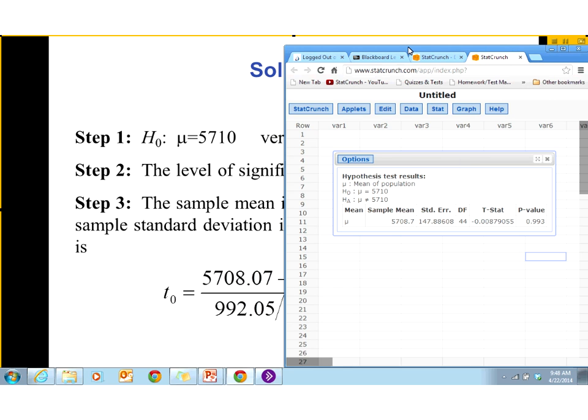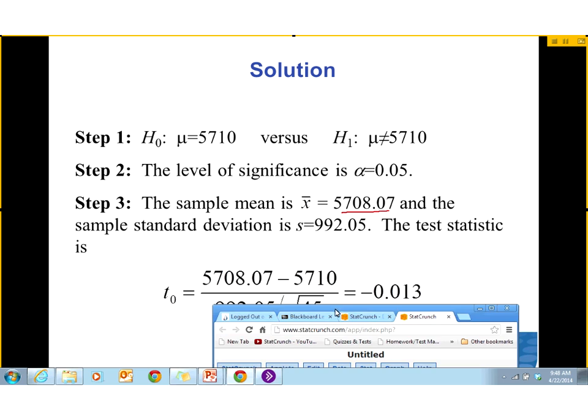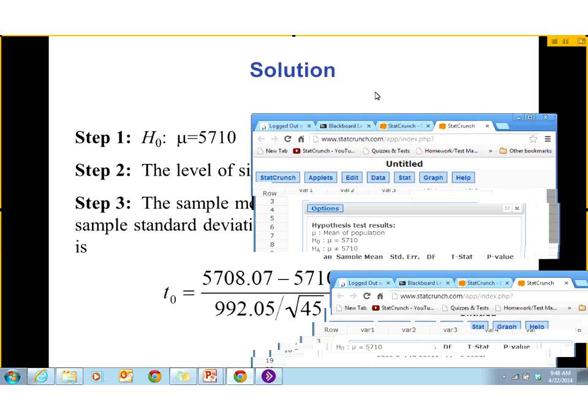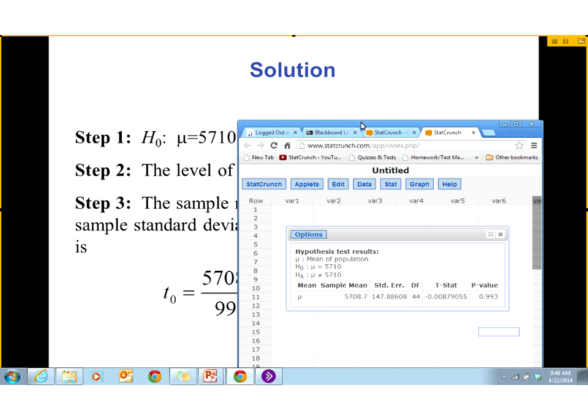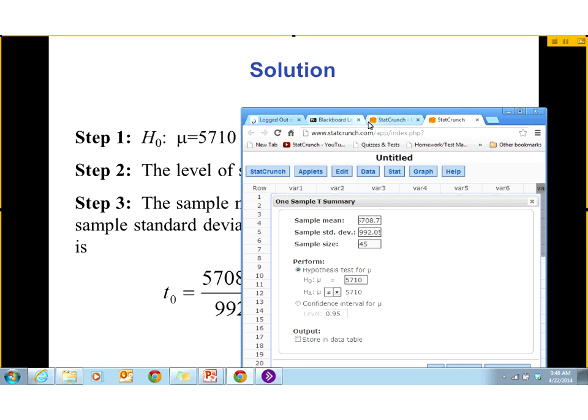Now let's look at all this good stuff we got here. They got negative 0.013. And we got not that. So what did I put in wrong? Sample mean, let's see, 5708.07. Let's make sure. 99.2.